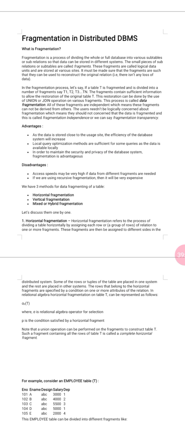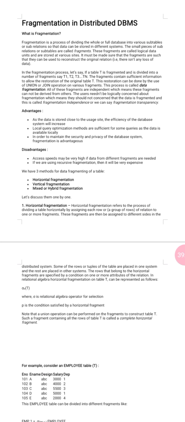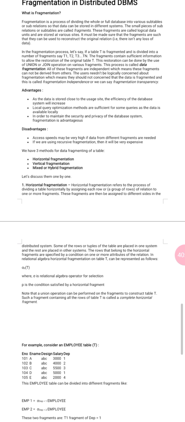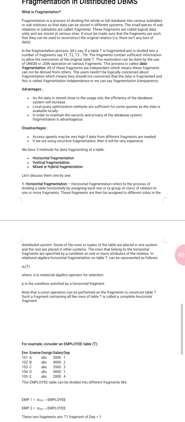In the fragmentation process, let's say a table T is fragmented and divided into a number of fragments, say T1, T2, T3 up to Tn. The fragments contain sufficient information to allow restoration of the original table T. This restoration can be done by the use of union or join operation on various fragments.